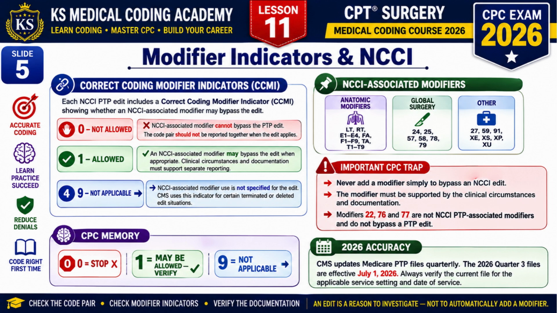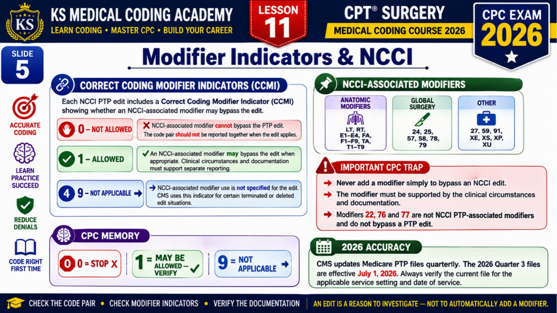Indicator 9 means the modifier indicator is not applicable to the edit. For the CPC exam, remember, 0 means stop, 1 means may be allowed, verify, and 9 means not applicable. Also, never add a modifier simply because you see an NCCI edit. The medical record must support the separate service and the modifier being reported.